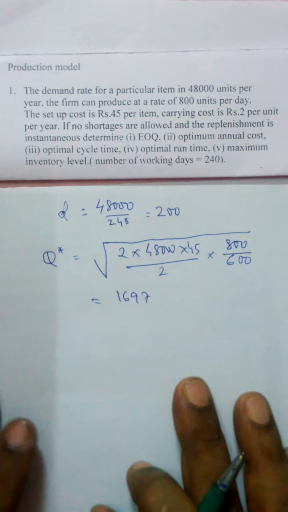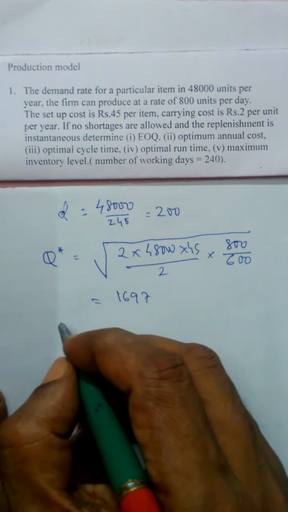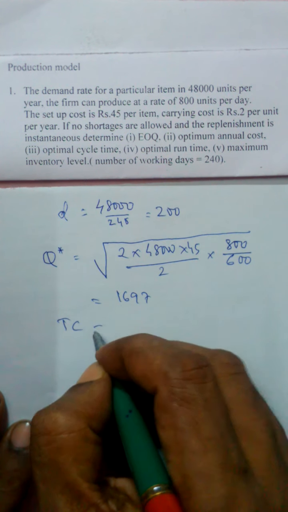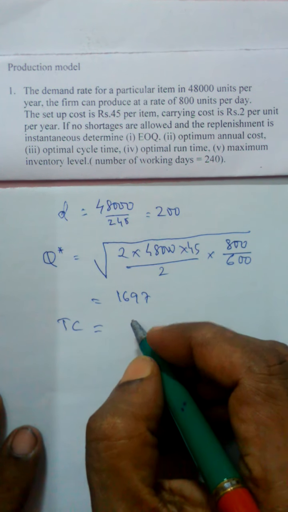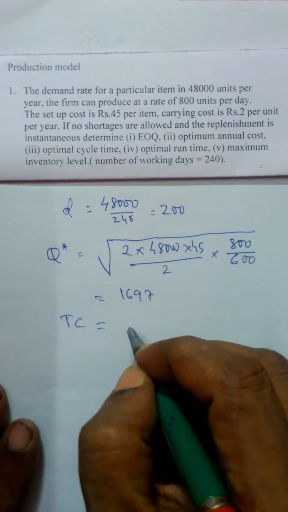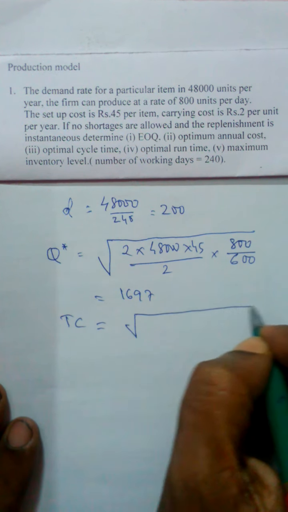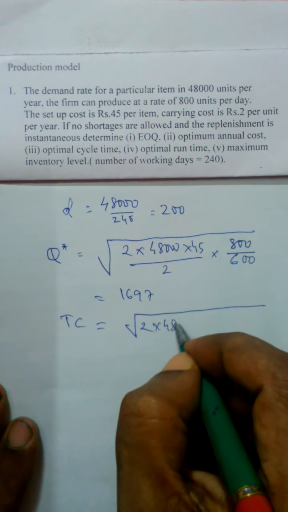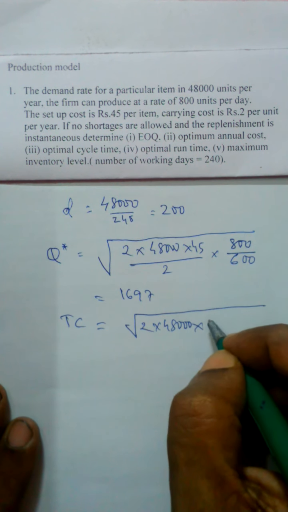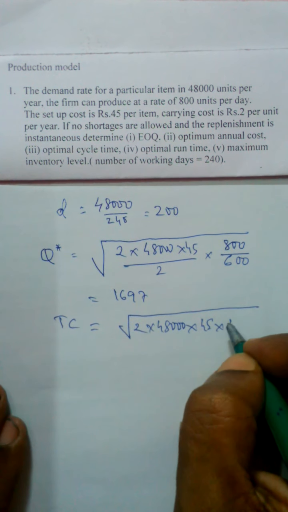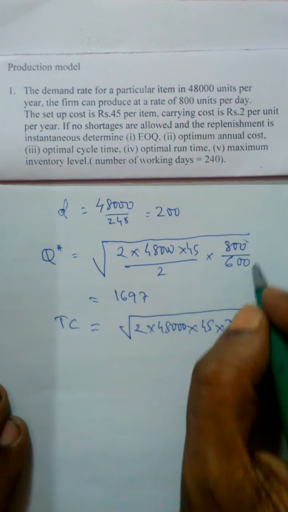Then the next point is total cost. Total cost is always the variable cost, because there is no concept of fixed cost given. So we get directly 2 into D, that is 48,000, into CO into CH, into the reverse, just reverse.